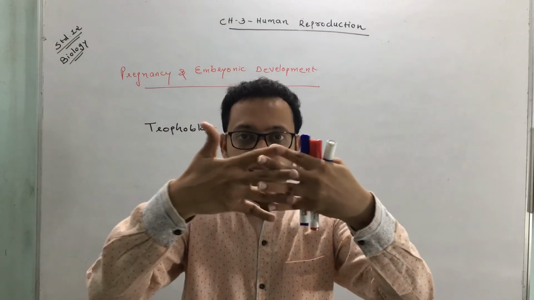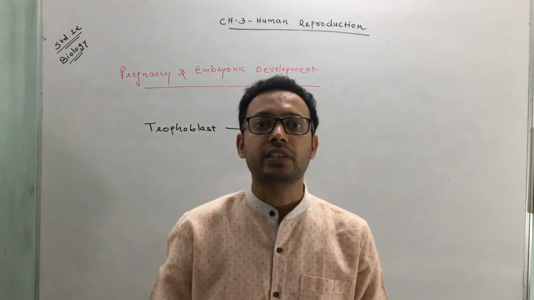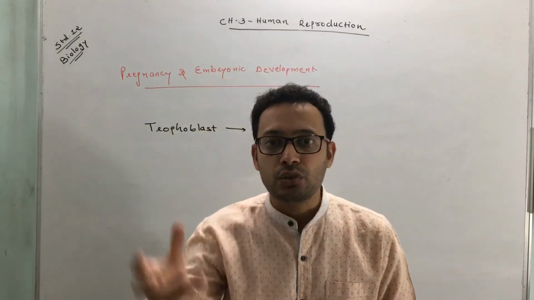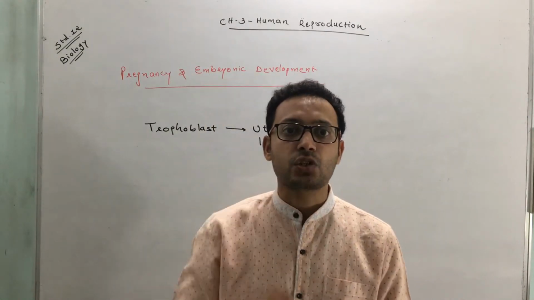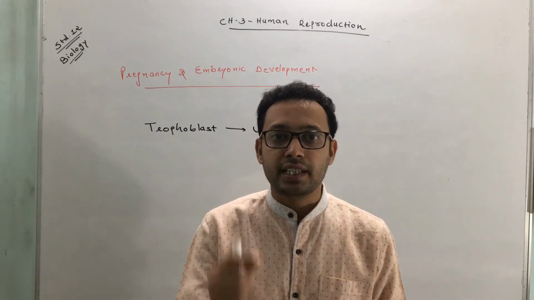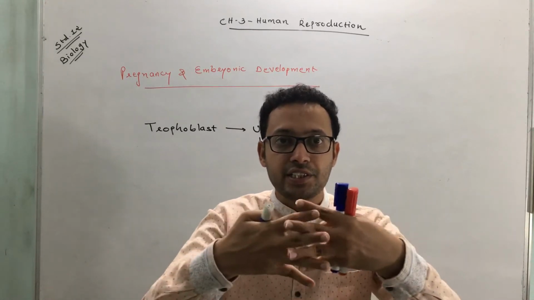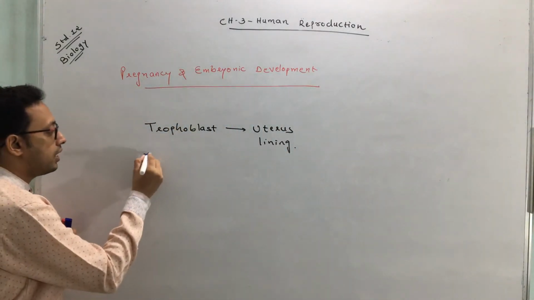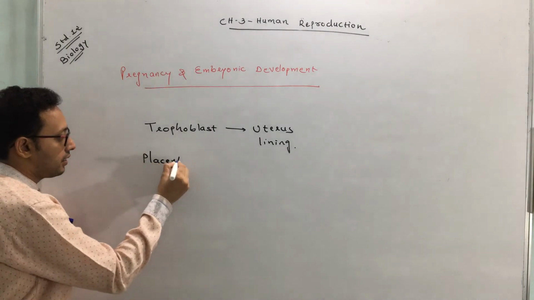The cells of the uterus lining surround the trophoblast and embed it inside them. This process leads to the development of an interdigitated structure, and this interdigitated structure is called the placenta.